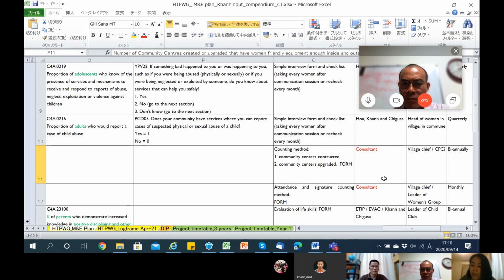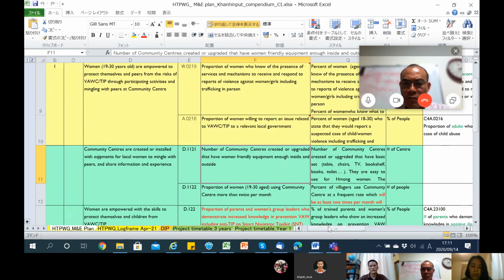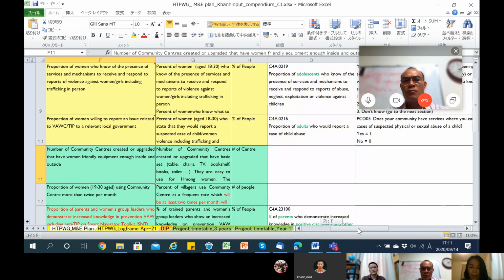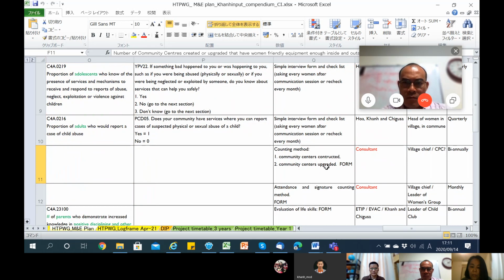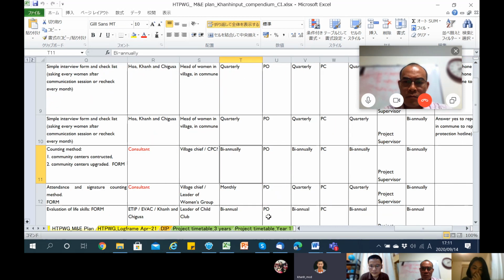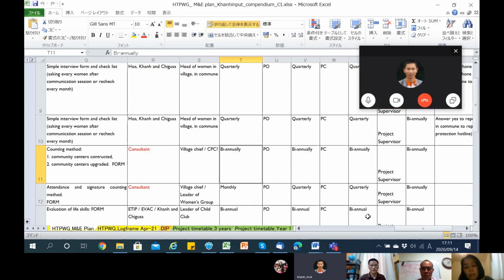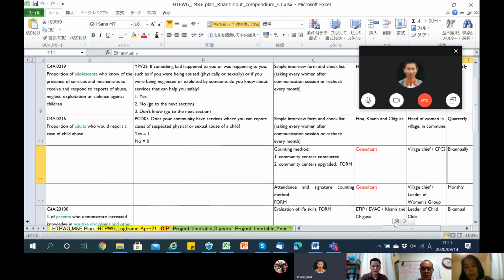We don't ask them to develop any tools for these counting-type indicators, but instead we can ask them to develop an Excel sheet, monthly or biannually, for this indicator. We think biannually. This indicator is fair if we already put it in the TOR for the consultant.